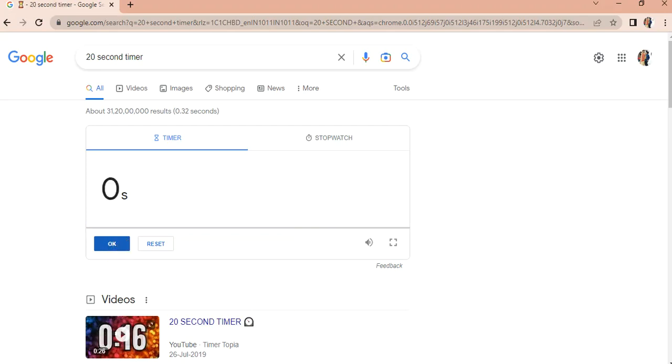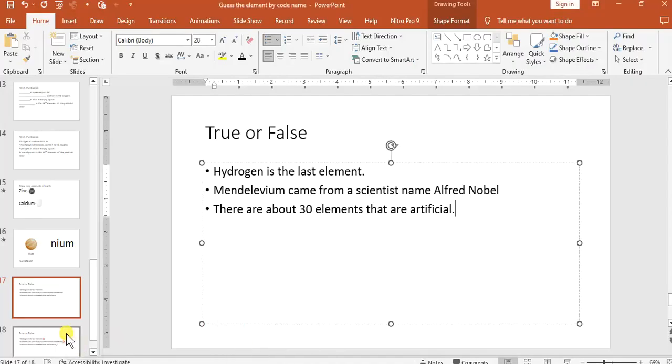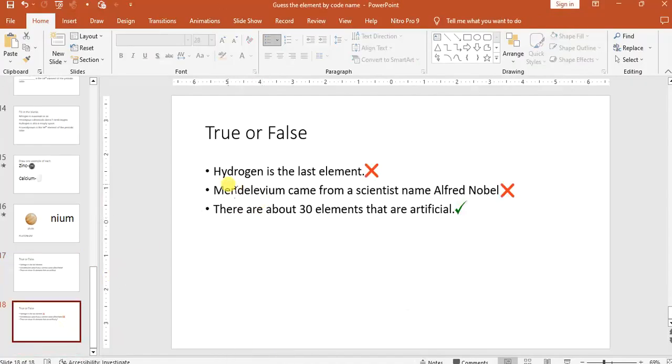Time's up. Time to see the last question. Answer. Hydrogen is the last element. It's wrong. Mendelevium came from the scientist named Alfred Nobel. It's wrong. Hydrogen is actually the first element.